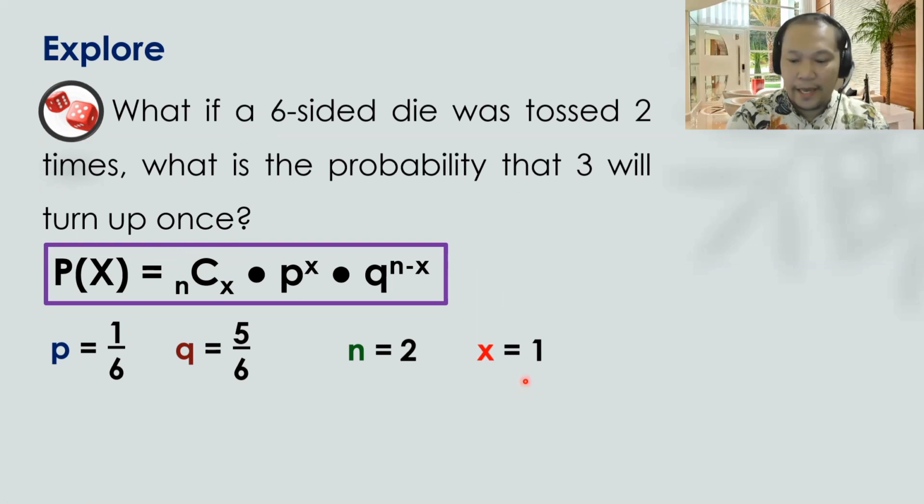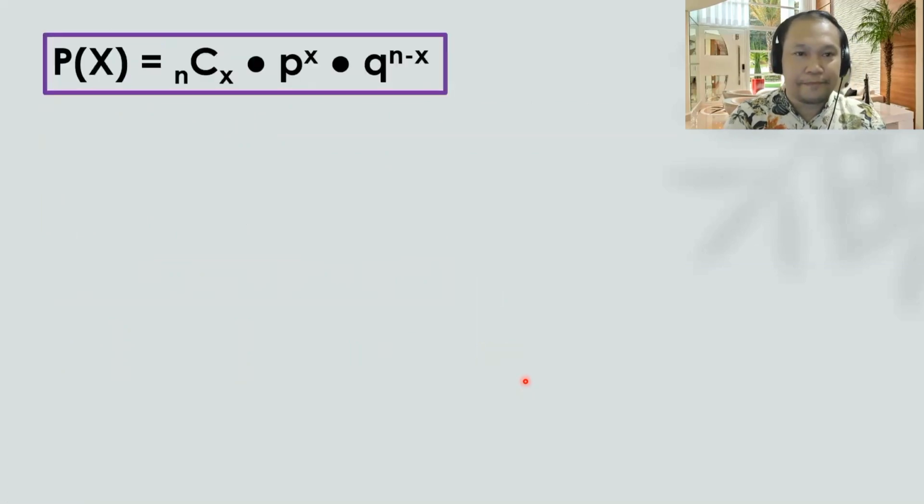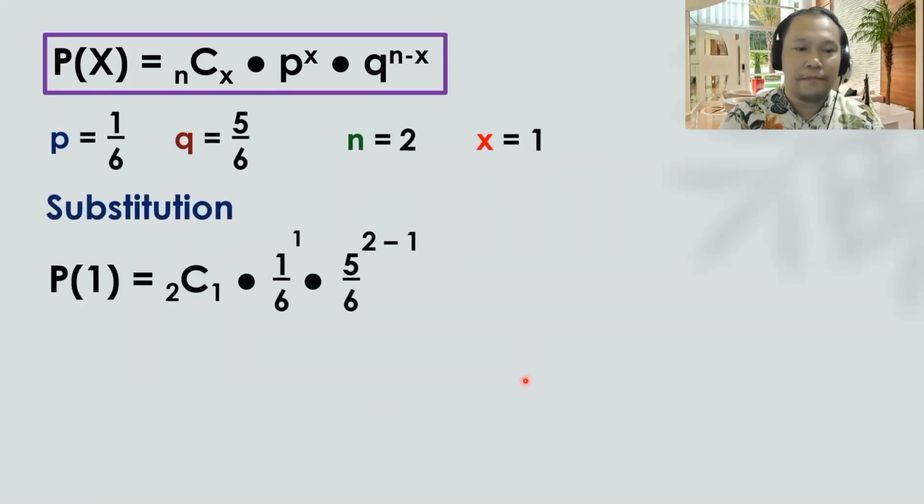Okay? And then, applying now the concept, by substitution, we have the probability that 3 will turn up once is equal to the combination of 2 relative to turn up once, multiplied to the probability of success.